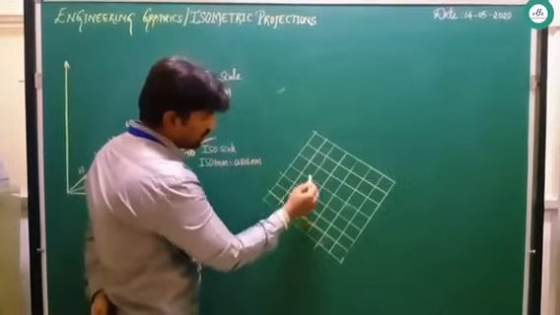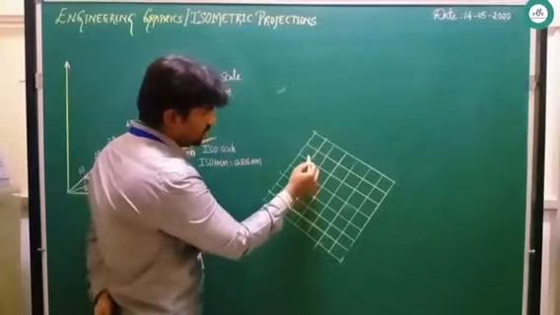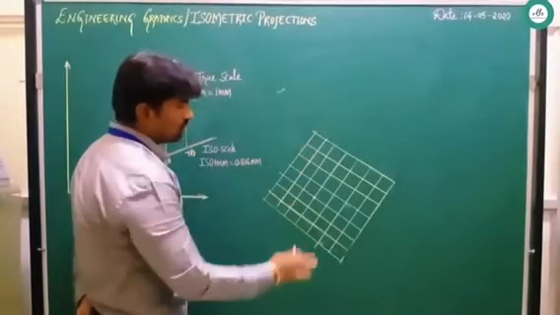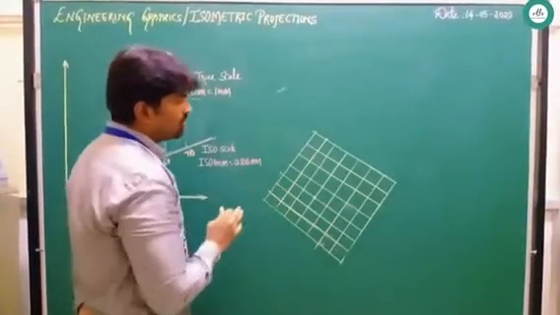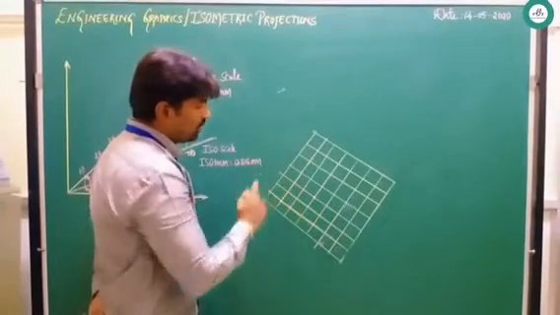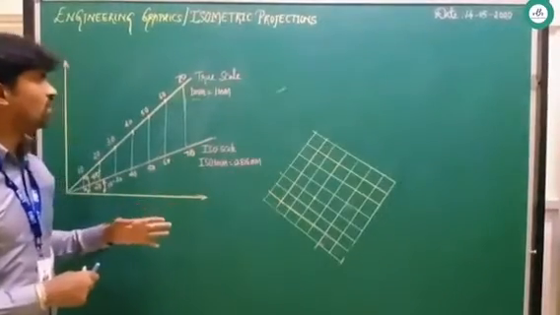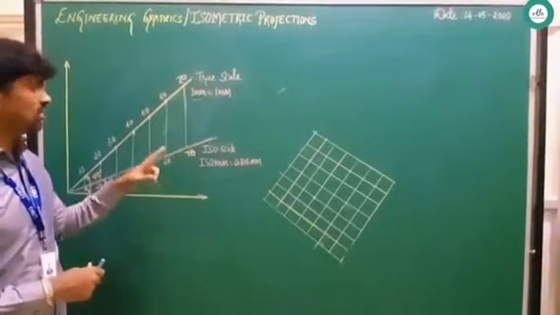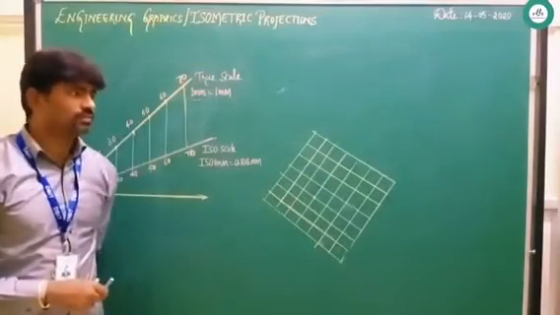When it comes to the height, this is iso 10, iso 20, iso 30 and so on. Since you are directly solving on a grid, if some dimension is given, you can directly start counting and proceed with the problem. If you are solving the same problems on a plain sheet, you need to remember this scale conversion or the mathematical conversion.